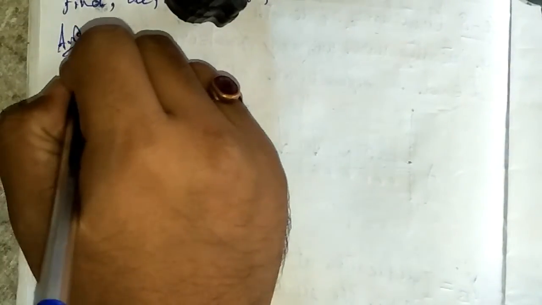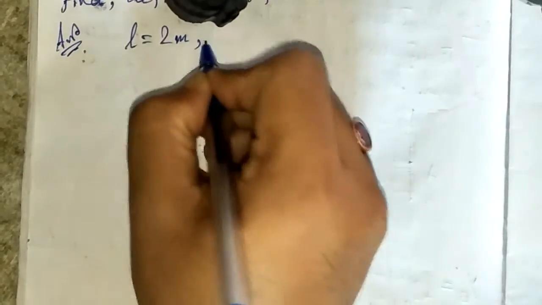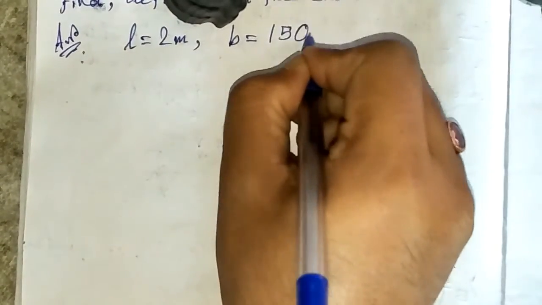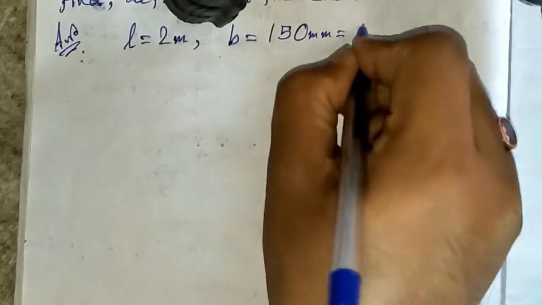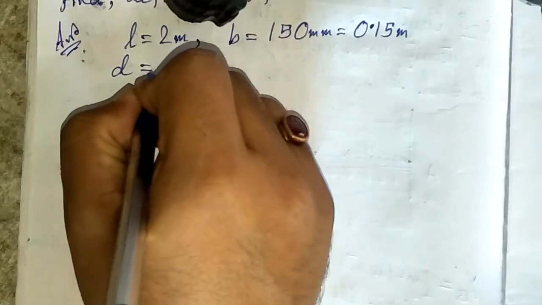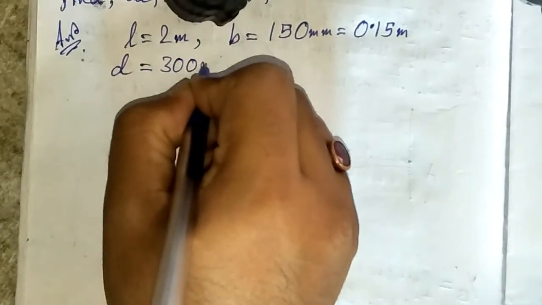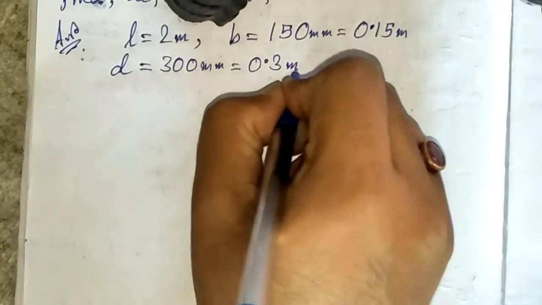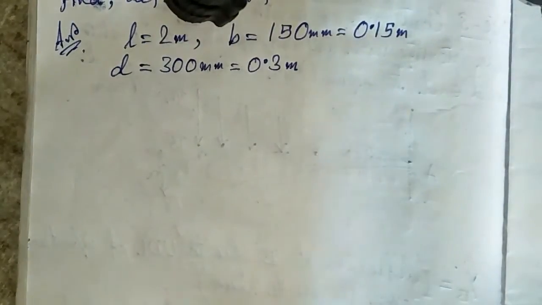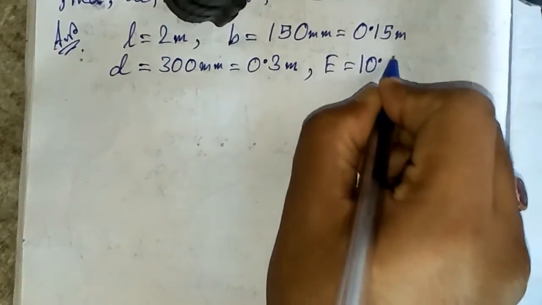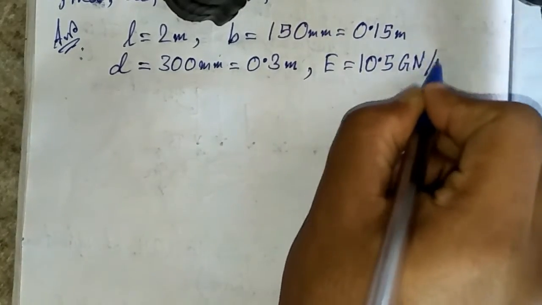So first let's write L equals 2 meter. The value of B is 150 mm, that means 0.15 meter. The value of D, the depth, is 300 mm, that means 0.3 meter. Once again, the value of E is 10.5 giganewton per meter square.